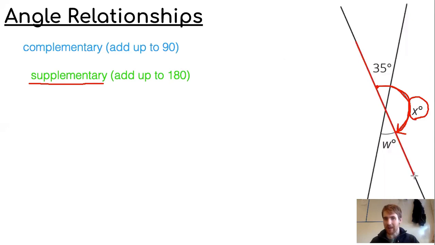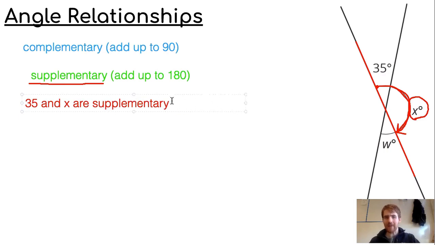This line I'm highlighting in red now is a straight line, and we're doing a 180 on it. The 35 and the x together are supplementary angles. So just make a note of that. 35 and x are supplementary, which just means they add up to 180.